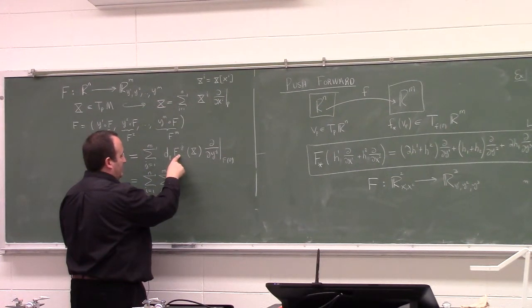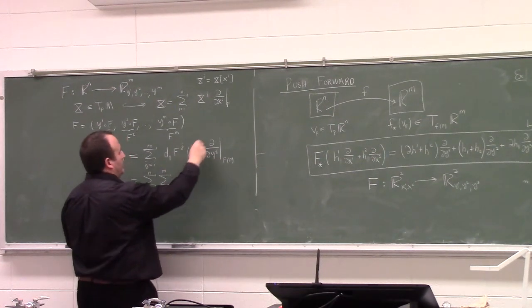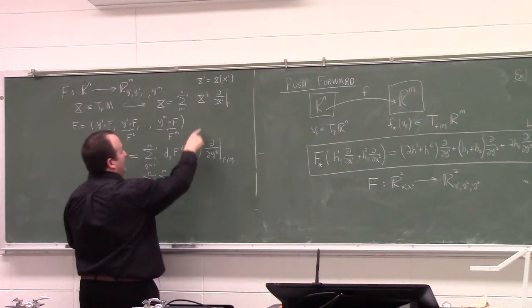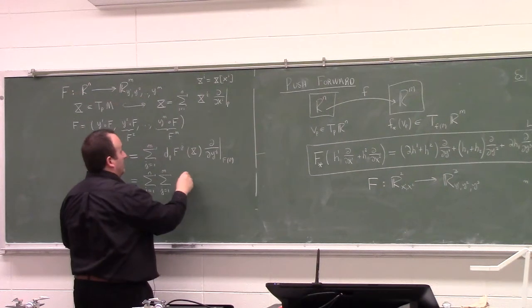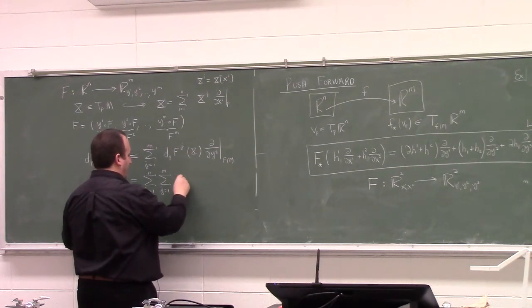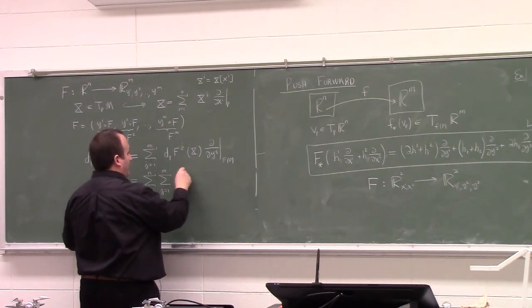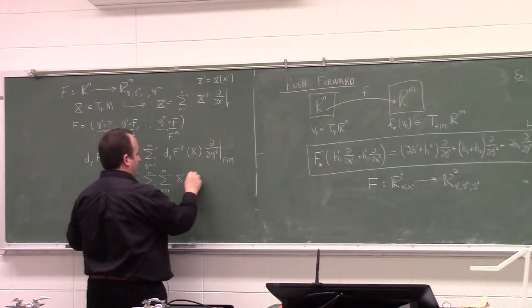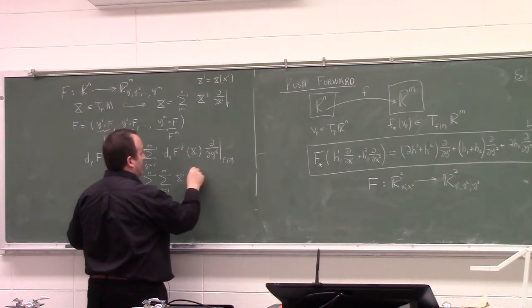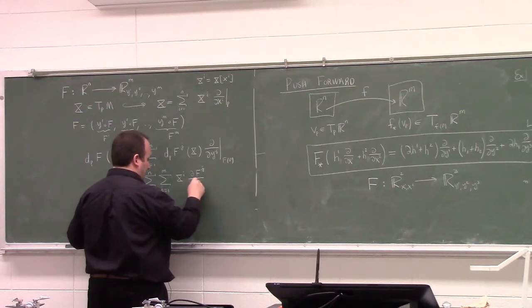I'm going to pull the X i out. And this would be partial f j, partial xi.